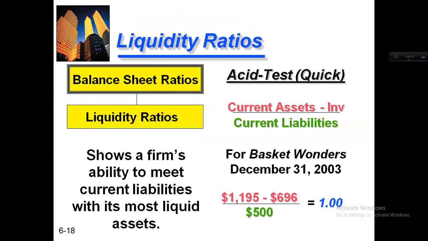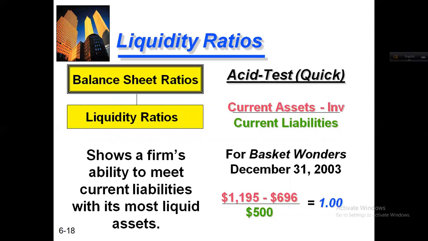In liquidity ratios, there is another ratio, the acid test ratio. How can we find the acid test ratio? Current assets minus inventory minus prepaid expense, divided by current liabilities, gives the acid test ratio.